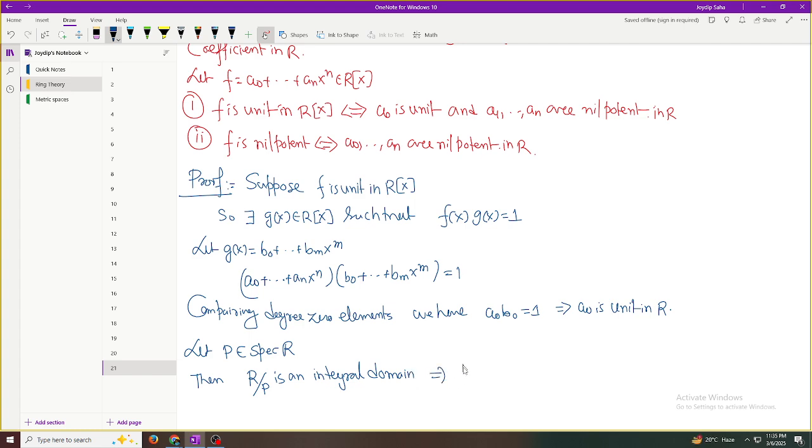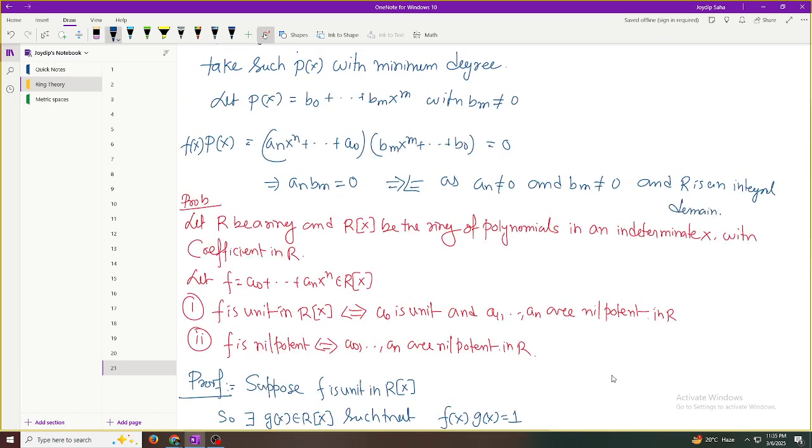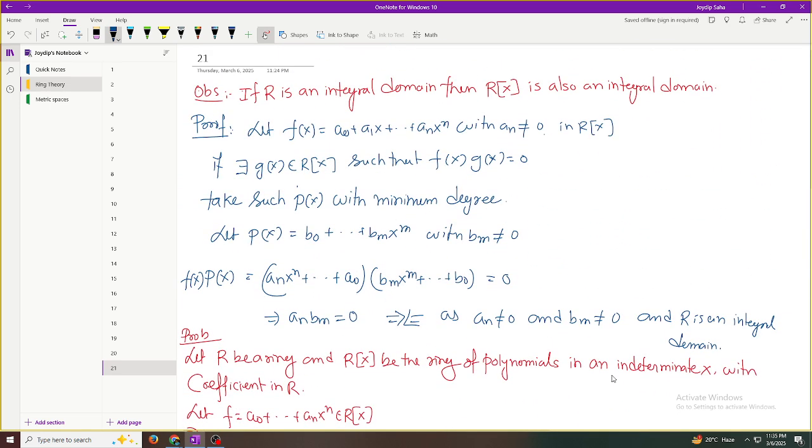This implies (R mod P)[x] is an integral domain. Now one observation I have to write.